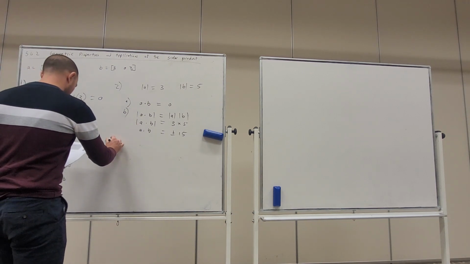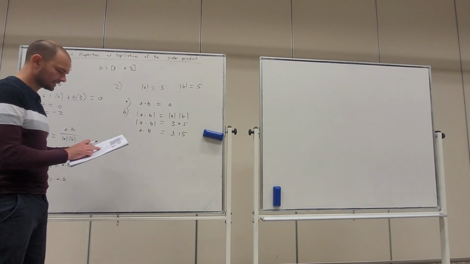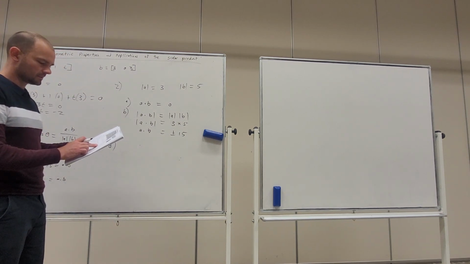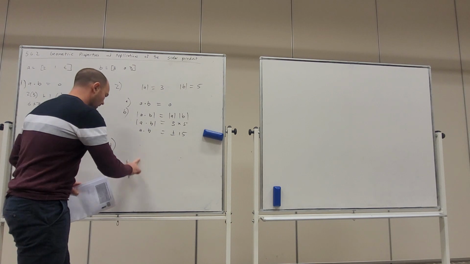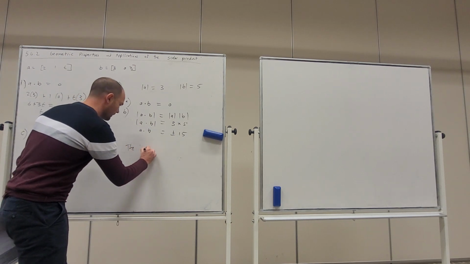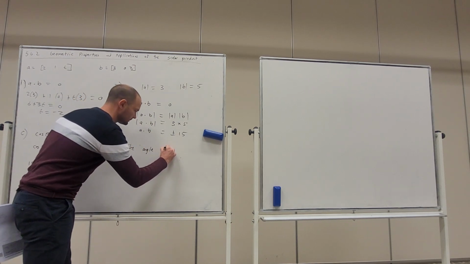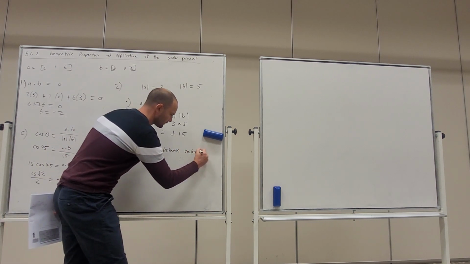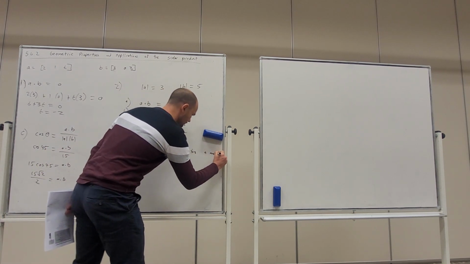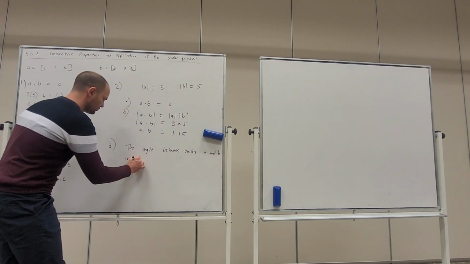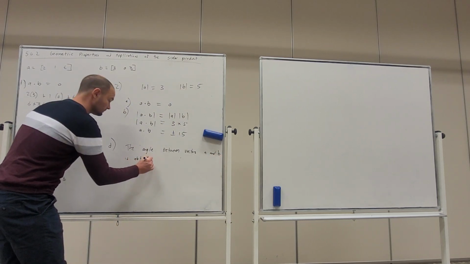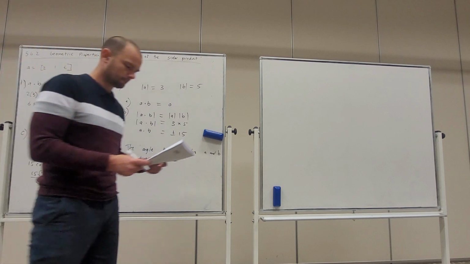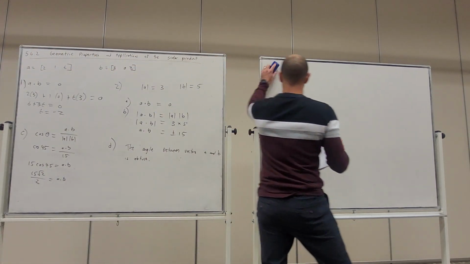So to answer this part, what can we determine about vectors A and B if A dot B is equal to minus 2? The angle between vectors A and B is obtuse. Very good.